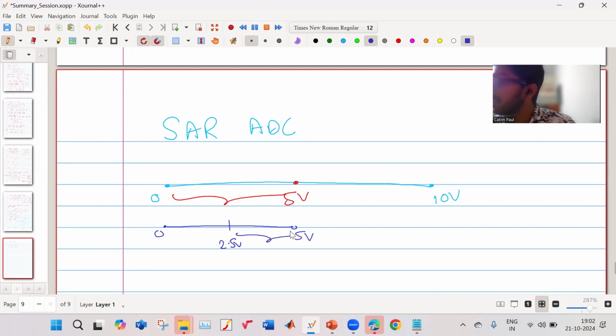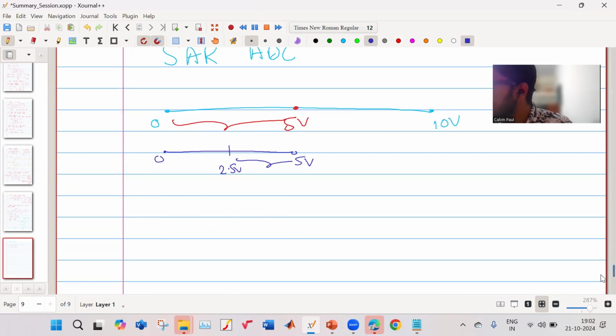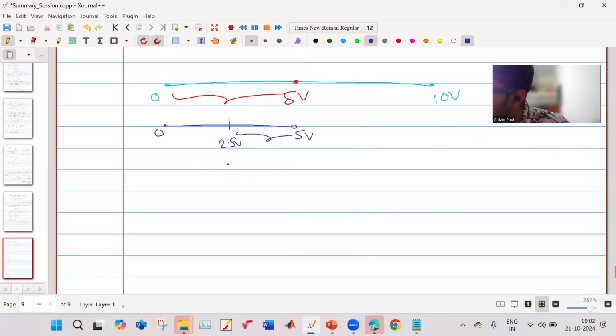Then it says it is between this range. Then it will focus between 2.5 and 5. Then it will find the half of it, 3.75, and say it finds it to be between 3.75 and 5. Let us say it is found to be here.